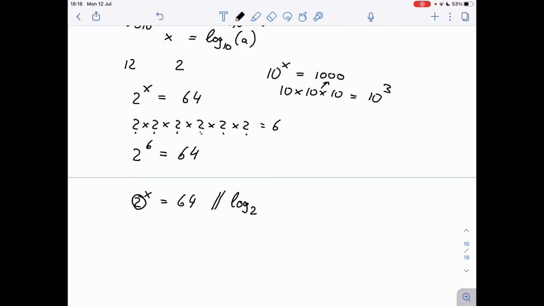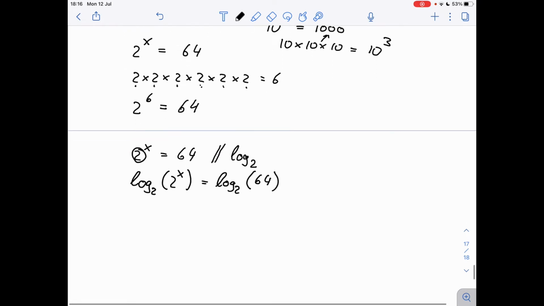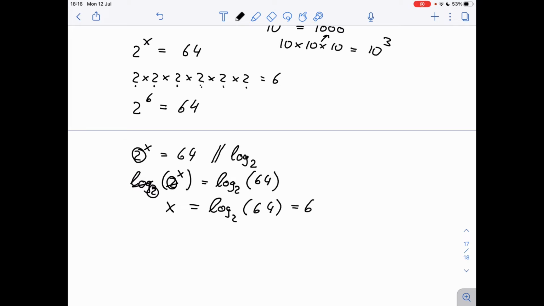And what we get is log 2 of 2 to the power of x equals log 2 of 64. And what we see here is log 2 and 2, because we've got the 2 in both, cancel each other out, and we have left x equals log 2 of 64. And we've just done that, and we know that this would give us 6.